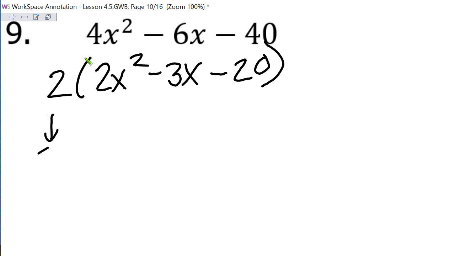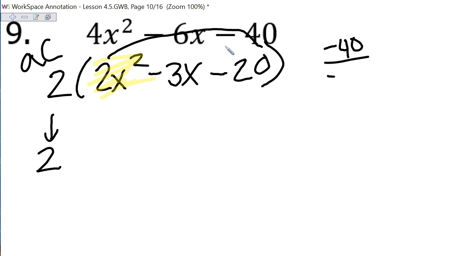Now again, if it's larger than a 1x squared, what do you have to do? AC method. So A times C. What do we multiply here? 2 times negative 20 is? Negative 40. So we have negative 1 times 40. Negative 2 times 20. Negative 4 times 10.